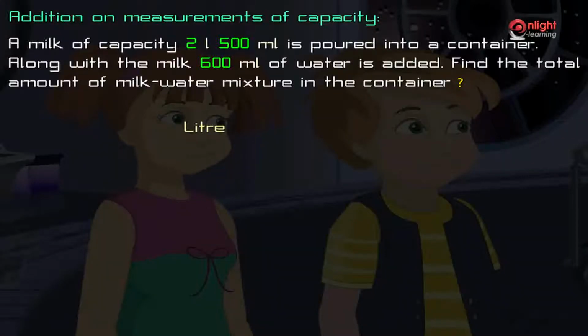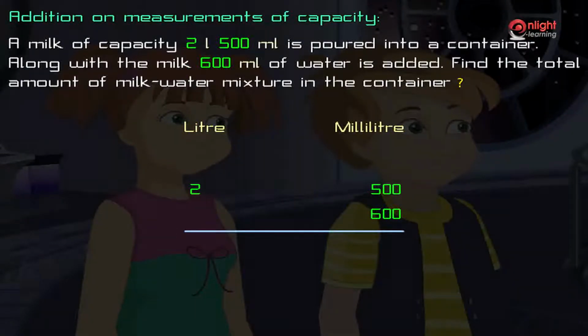Hence, liter comes before milliliter. Hence, 500 and 600 lie one below the other under the milliliters column, and 2 liters lie in the liters column as shown. After arranging as such, they are then added up like whole numbers, starting from the right.